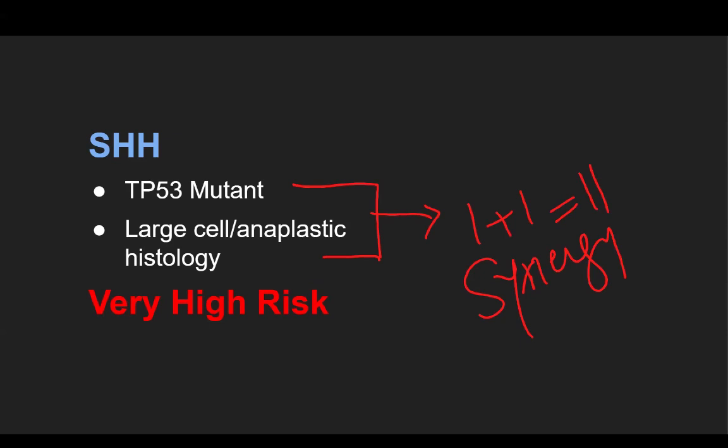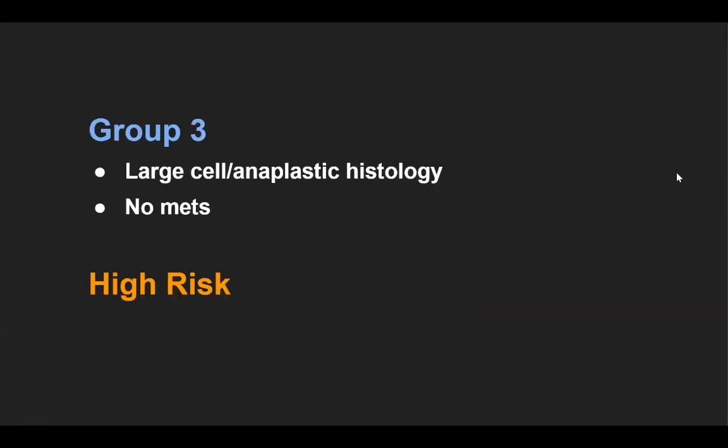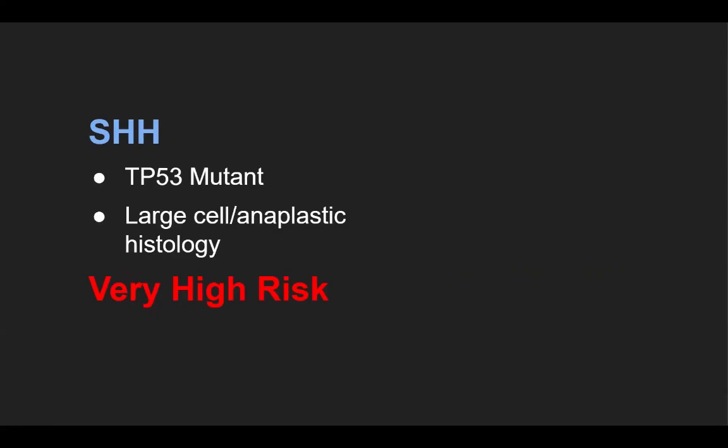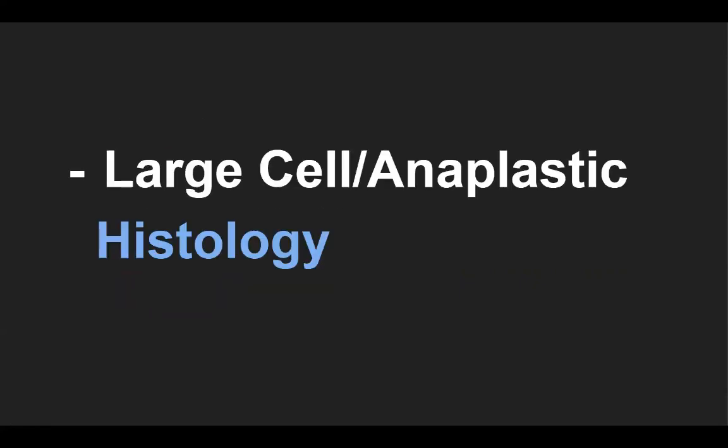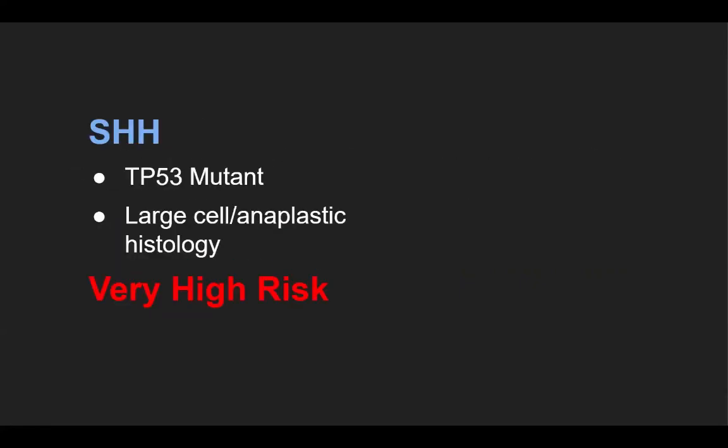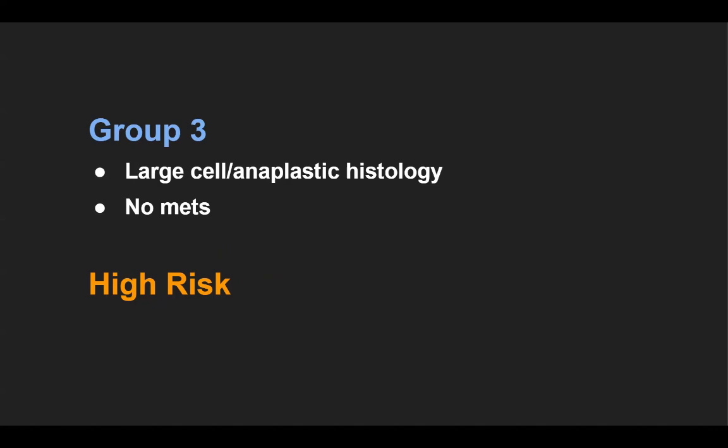So there are only 2 groups here. We are going to move forward to the next group. This is group 3. Large cell or anaplastic histology, but no mets, it's high risk. So these are the only two groups that were present in this histology. I'll go back quickly. TP53 mutants, large cell anaplastic histology, they are very high risk. Group 3, no mets, large cell anaplastic histology, they are high risk.